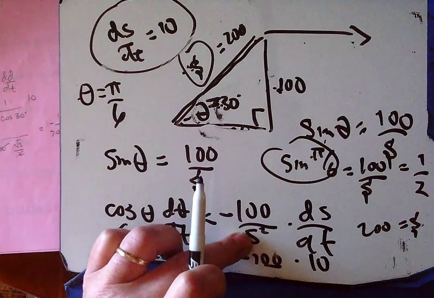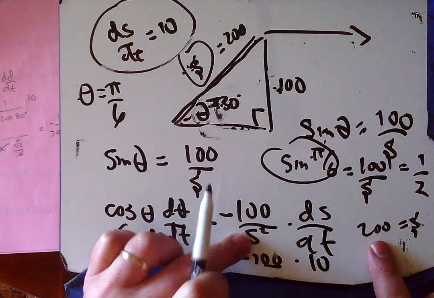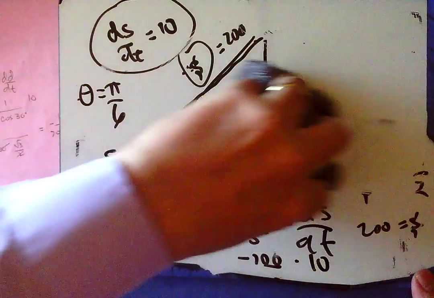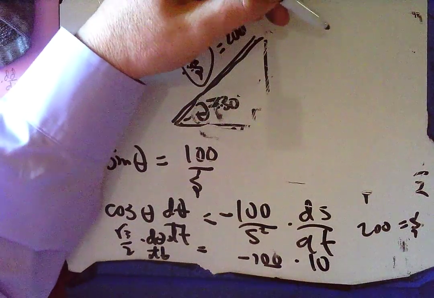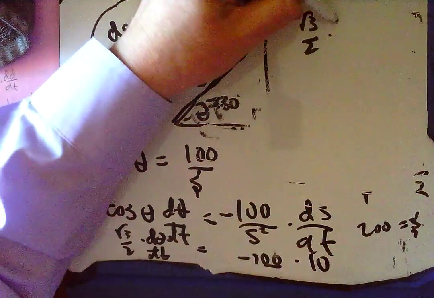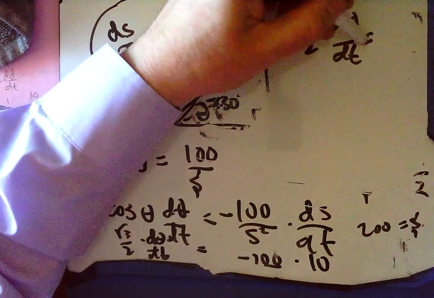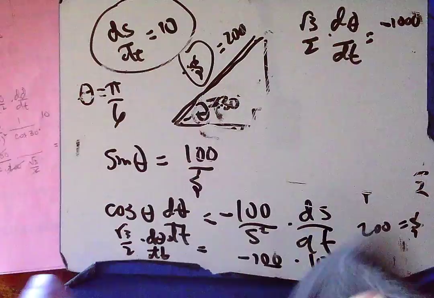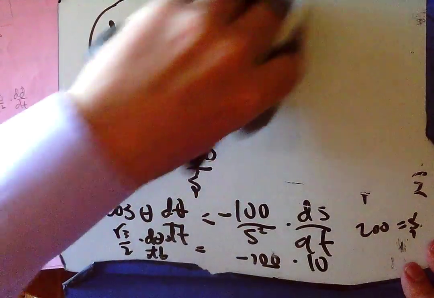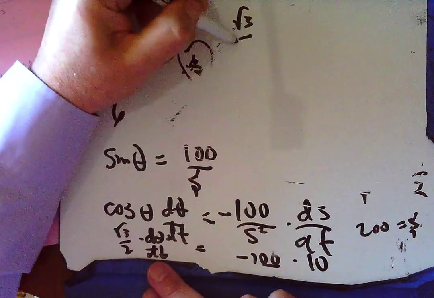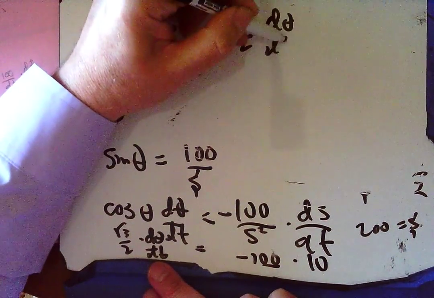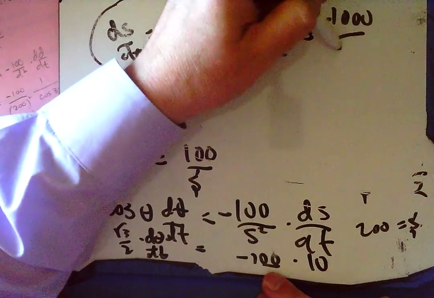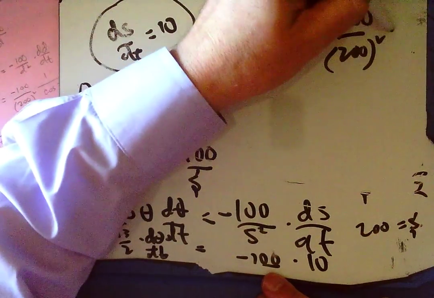I do need to plug that s in. We came up with s equals 200, so this is going to be 200 squared. And I get that root 3 over 2 d theta dt equals negative 1,000 over 200 squared.